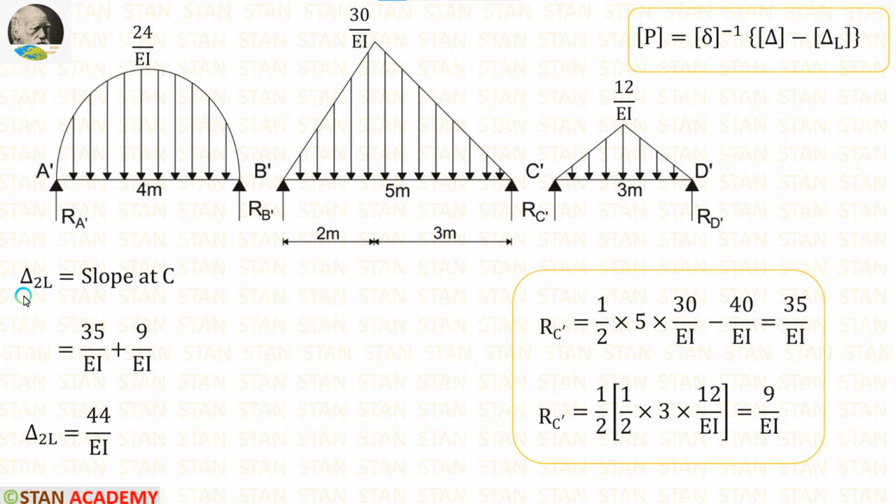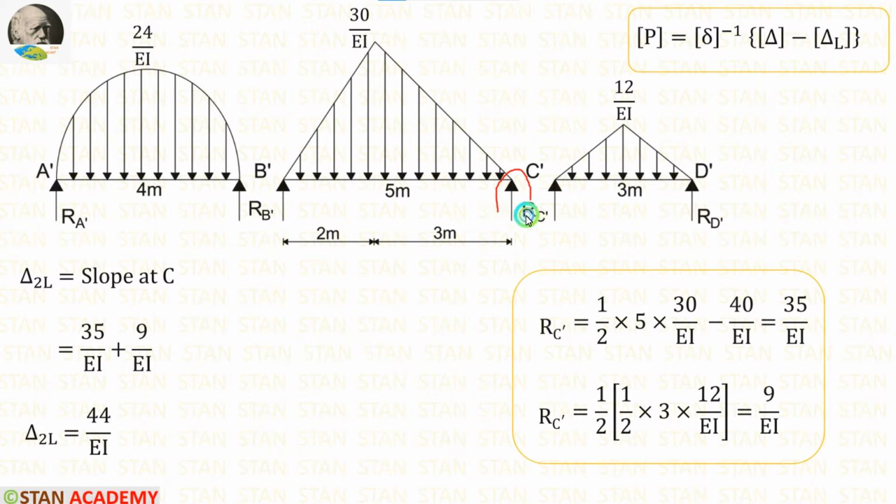Now let us calculate delta 2L. Delta 2L should be calculated from the second coordinate, which is in the point C. So in the point C dash, we have to calculate RC dash. We have to calculate RC dash from the beams B dash C dash and C dash D dash. First, let us calculate from the beam B dash C dash.